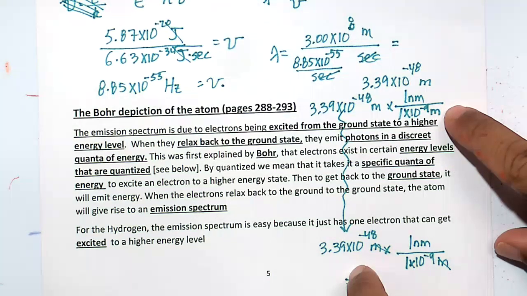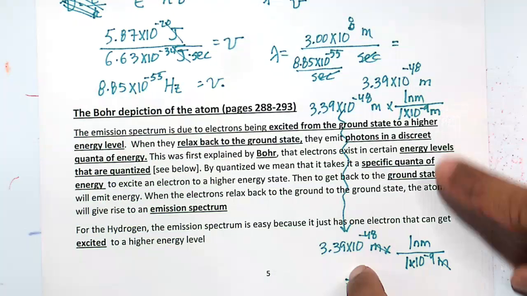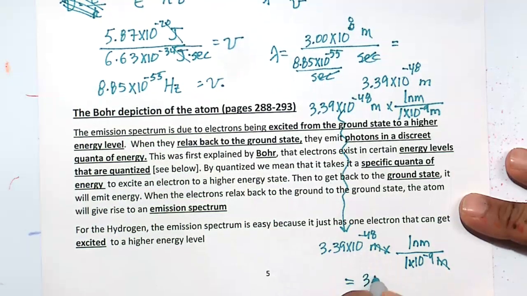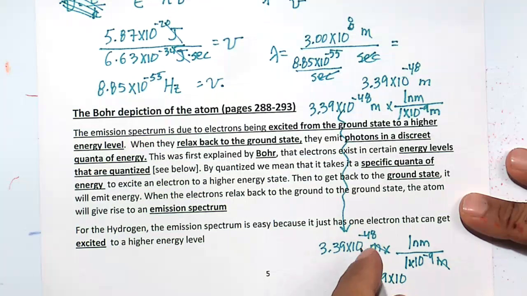Yep, 1 nanometer is 1 times 10 to the minus 9 meters. That's something you guys should know for your conversions. This is 3.39 times 10 to the negative 57. You divided it?